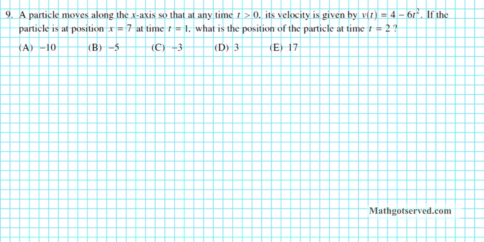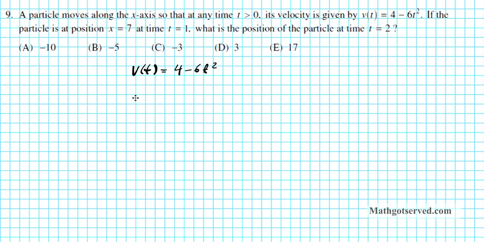So basically we have this equation right here, v of t is equal to 4 minus 6t squared. So how do you get the position x from the velocity? If you differentiate position, you get velocity, right?